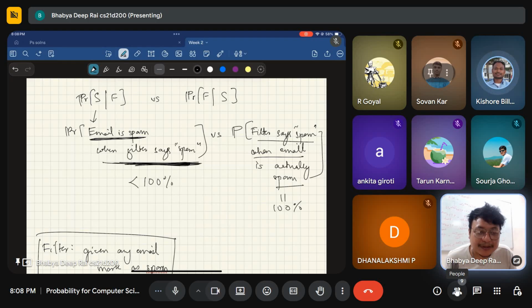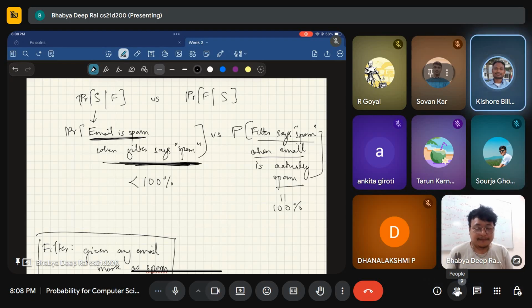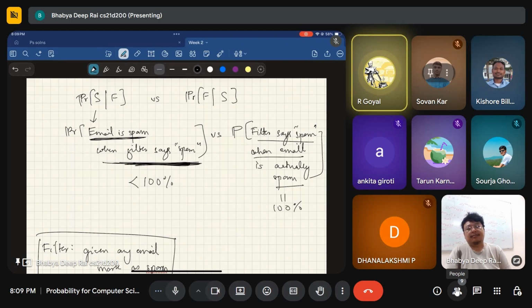I just wanted to correlate with the ML concept. Is this related to the confusion matrix? Not to the confusion matrix as such, but there is one classification technique called naive Bayes.